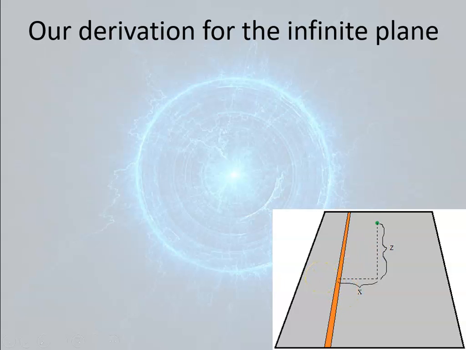Why am I doing it this way when the other way is much easier? The reason I'm doing it this way is because a problem that you will occasionally come up against would be something having to do with deriving an expression for the electric field due to an infinite sheet, where the sheet extends infinitely in one direction, but not infinitely in both directions.